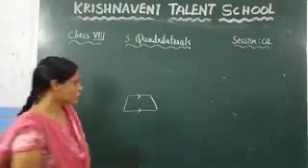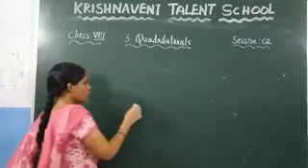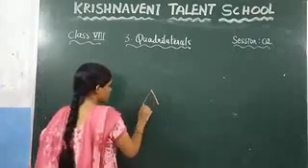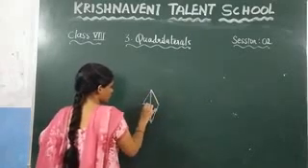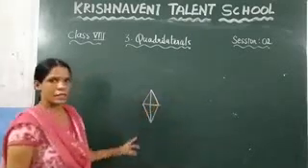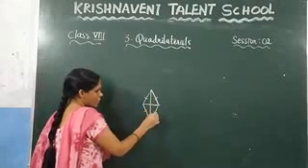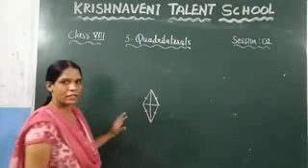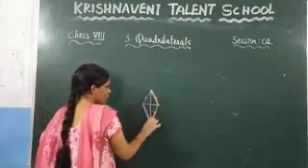And the last one is the kite. So what are the properties of the kite? In a kite, you can observe that two pairs of adjacent sides are equal. That means this length is equal to this length and this length is equal to this length.